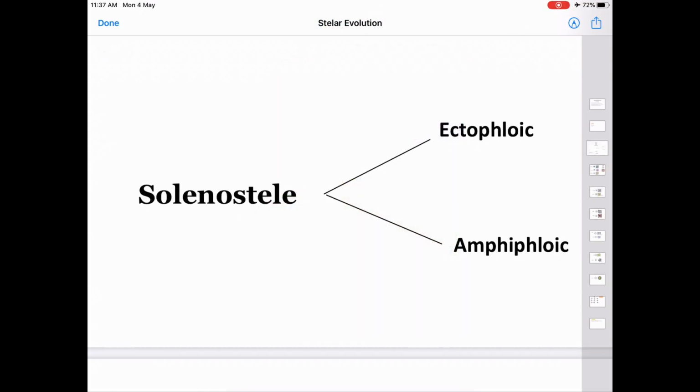Now, coming on to third type of stele, solenostele. It is defined as a siphonostele perforated with a leaf gap and a corresponding leaf base.